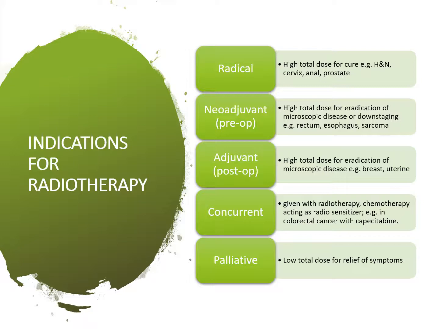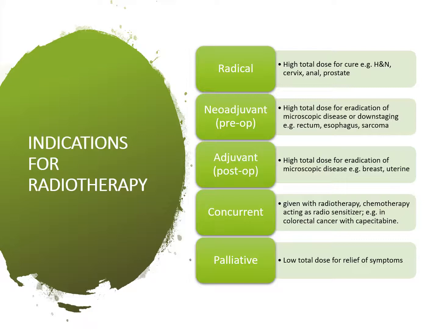For instance, in some cases of colorectal cancers, you give them together, especially radiation with capecitabine, because sometimes the chemotherapy sensitizes the body tissues to the radiation beams. And finally, you can give it for palliation, meaning it's given for symptom control.